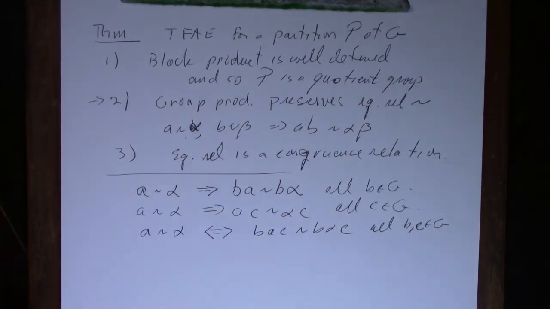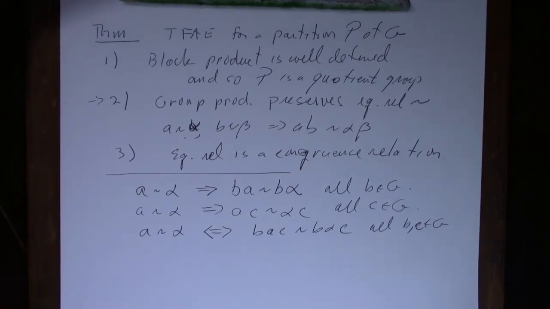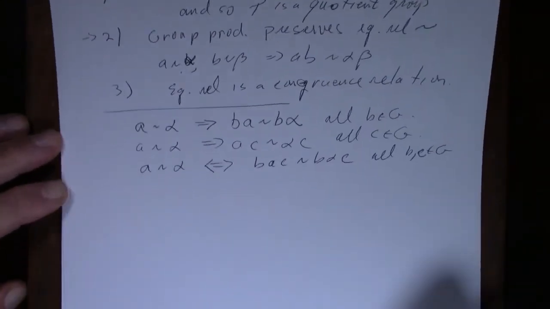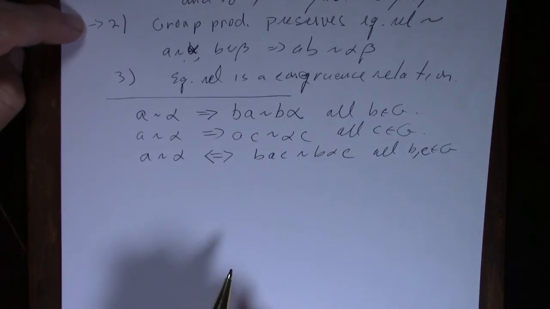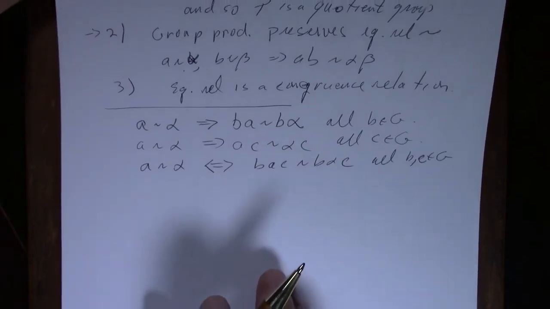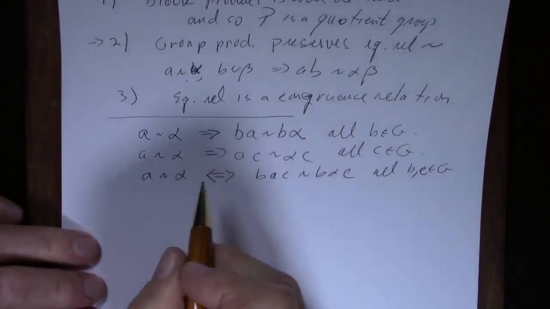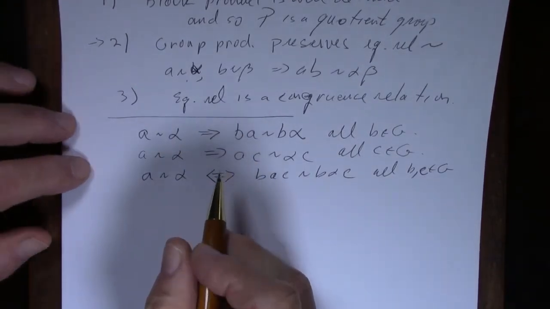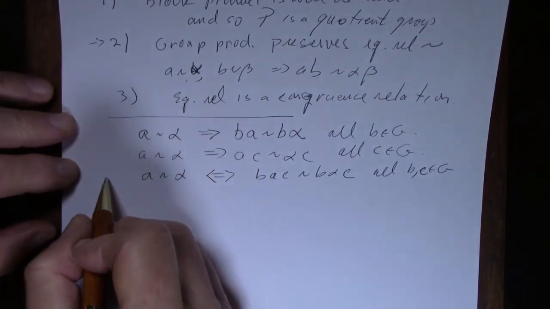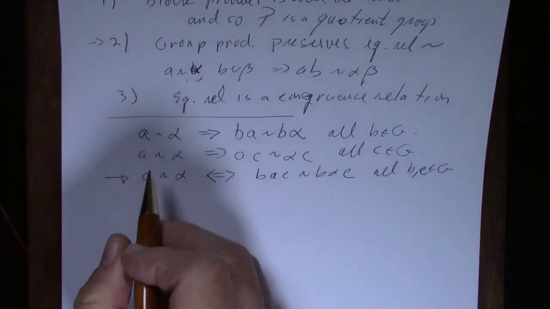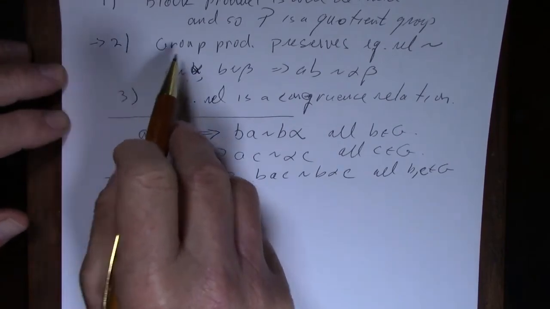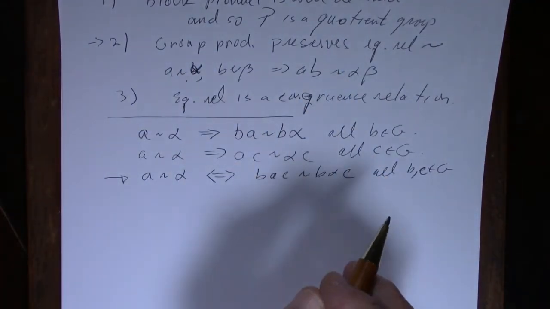So this is really a biconditional. This is implied by number 2 here, the group product preserving the equivalence relation. But it also implies that. So if we assume this, we can prove number 2 here in the theorem.